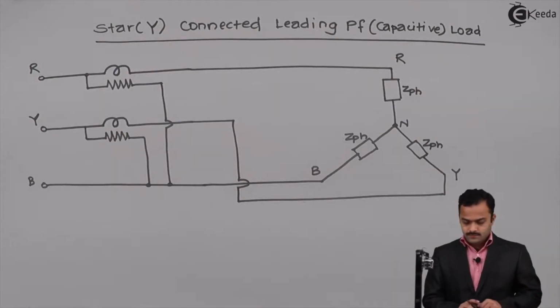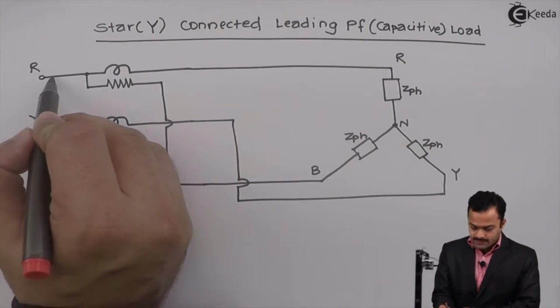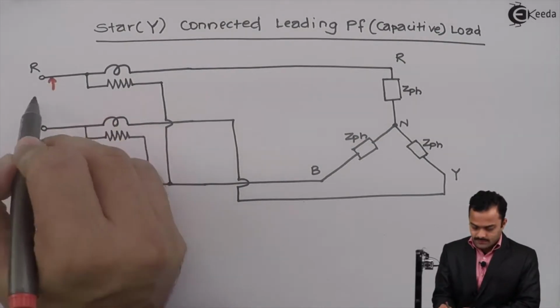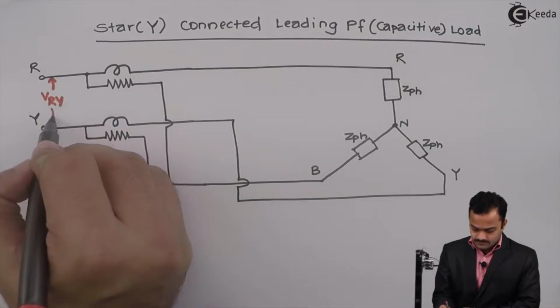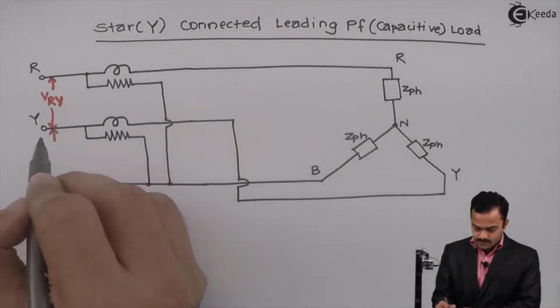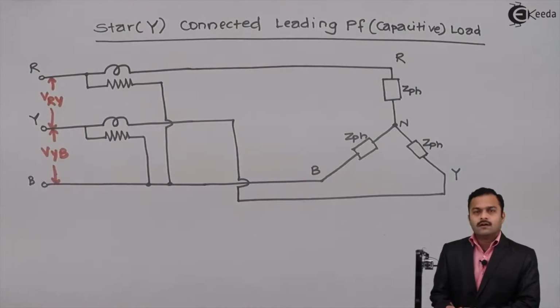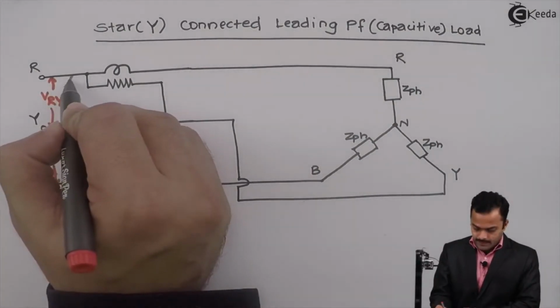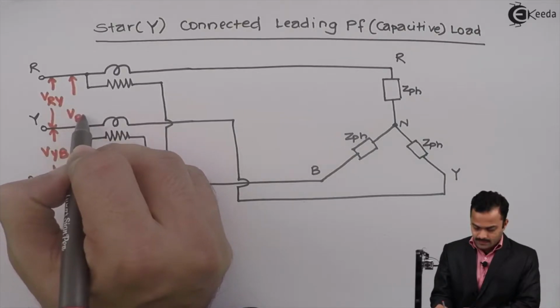Now R and Y, the voltage between them is a line voltage which I will represent as VRY. Between Y and B I have VYB, and between B and R the line voltage is VBR.